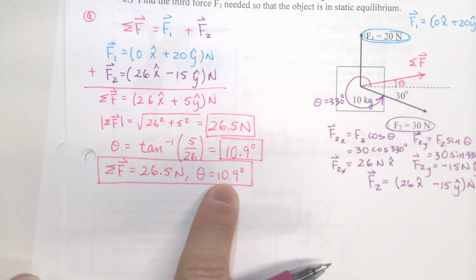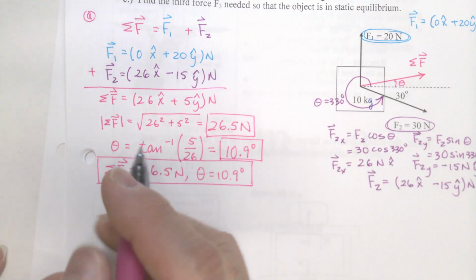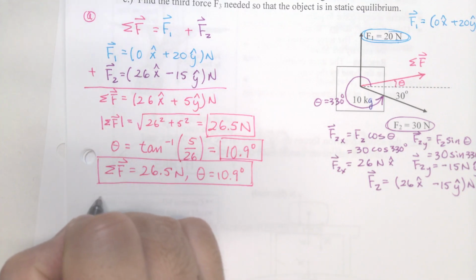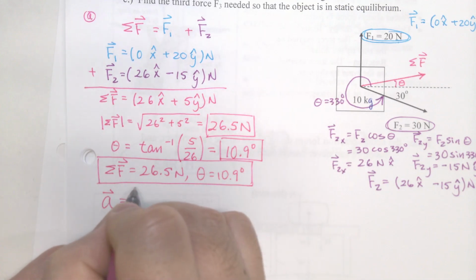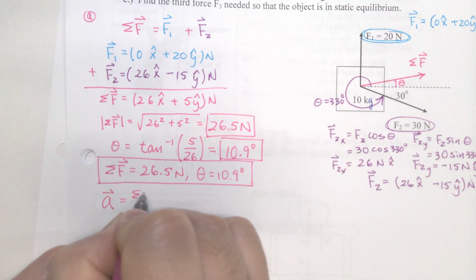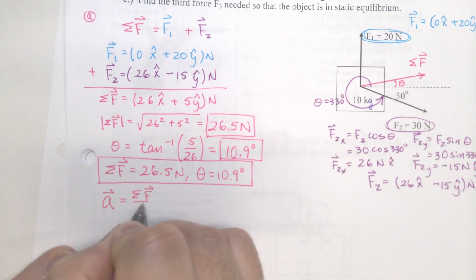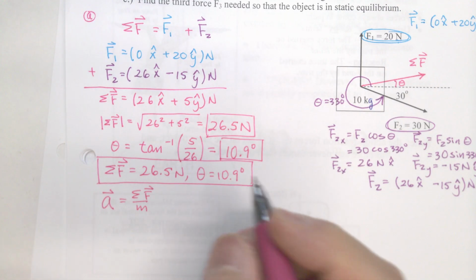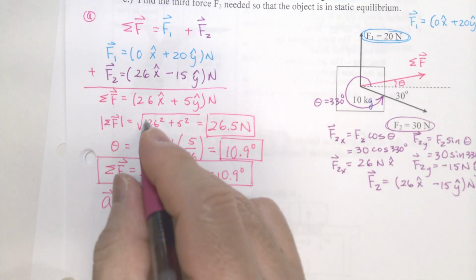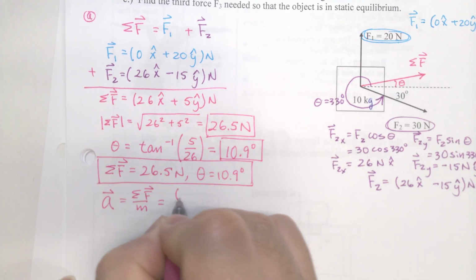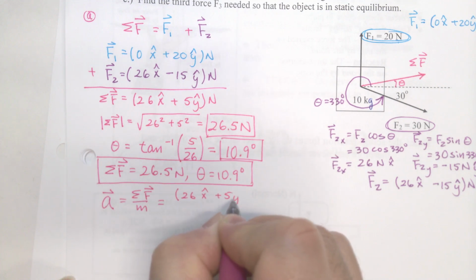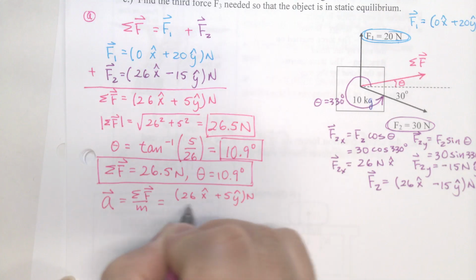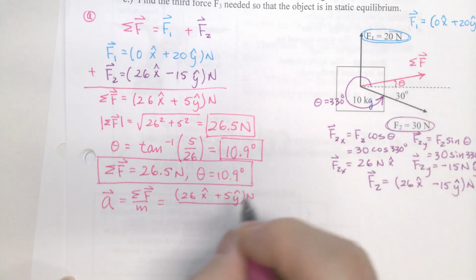However, you can find this acceleration two ways. Your acceleration is equal to simply the net force divided by its mass. So in Cartesian form, all you have to do is say it is 26 x hat plus 5 y hat newtons, divided by 10 kilograms.